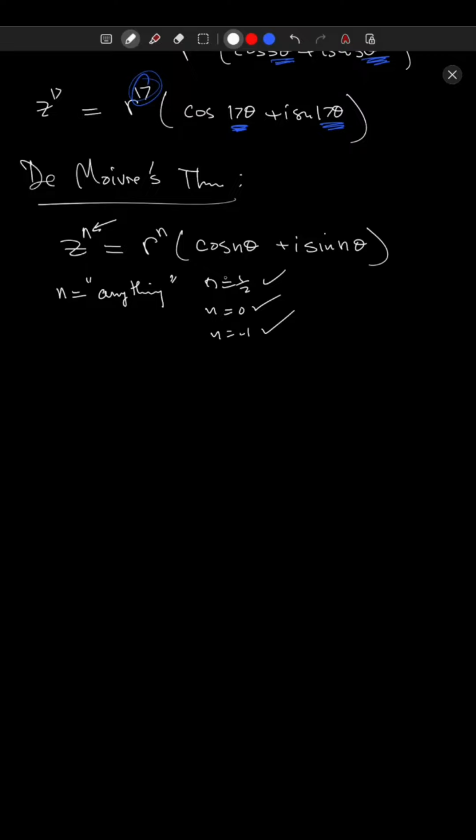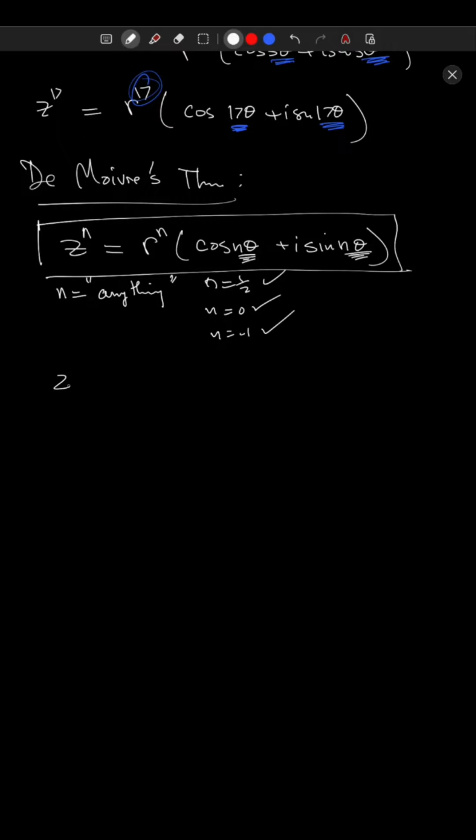But again, this entire idea of taking powers corresponding to rotating or doubling or halving your angle still works. In particular, z to the 1/2 would be r to the 1/2 cosine of 1/2 theta plus i sine of 1/2 theta. So your angle before was theta, now it's half theta. So you're in a way rotating backwards by a factor of a half.